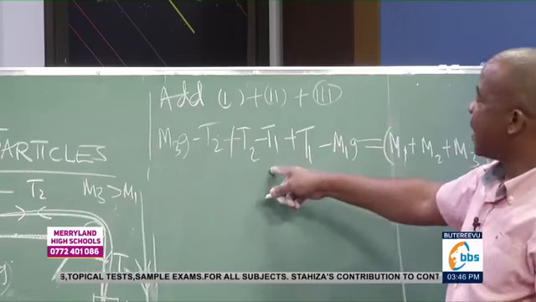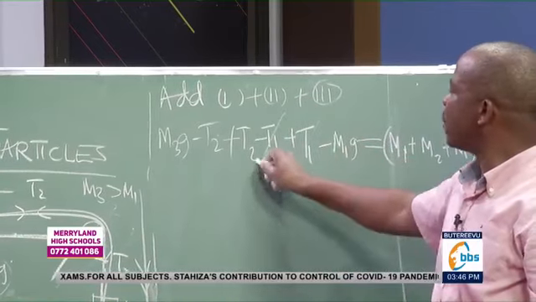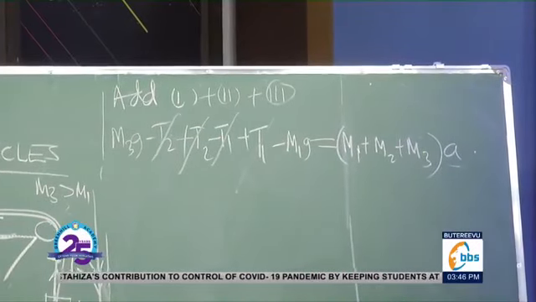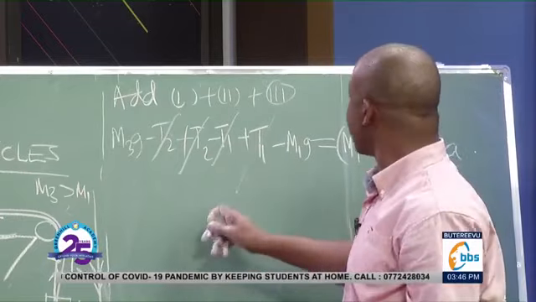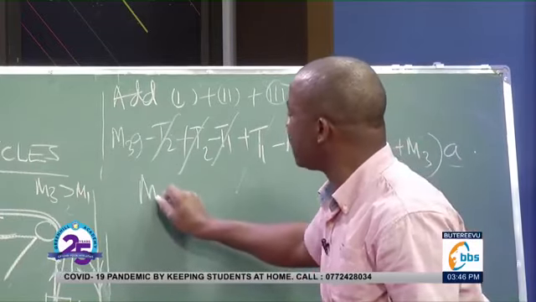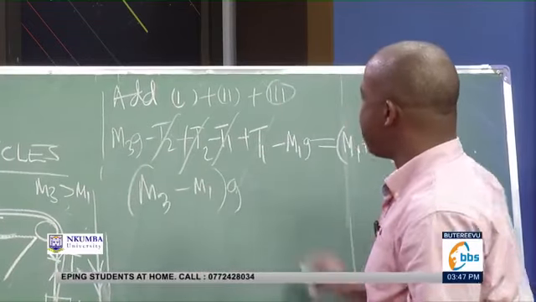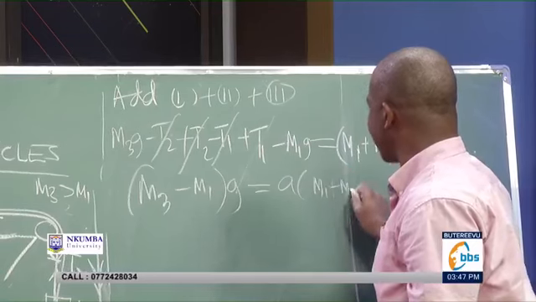You will notice that since our intention is to get A first, all these will cancel. The tensions will cancel. The negative T2 cancels with T2 positive, negative T1 cancels with that. So we end up staying with M3 minus M1 into G being equal to A into the sum of the masses on the other side.